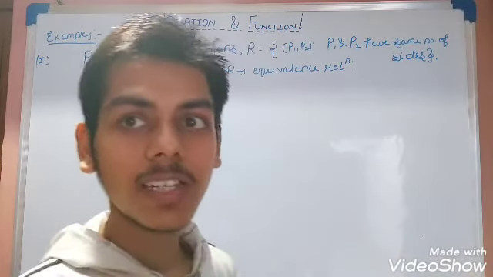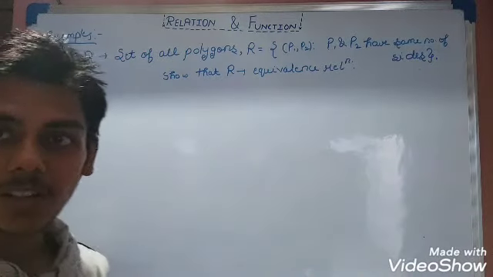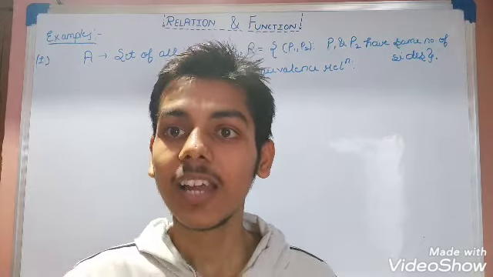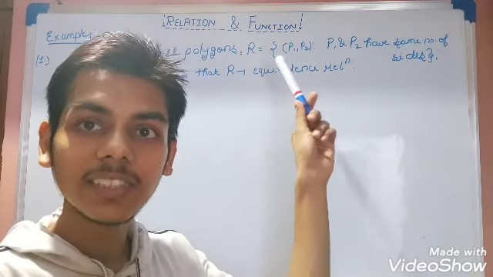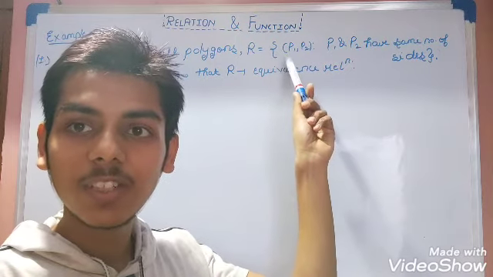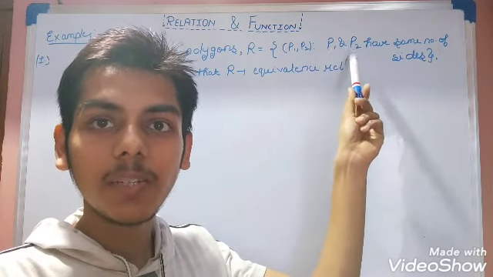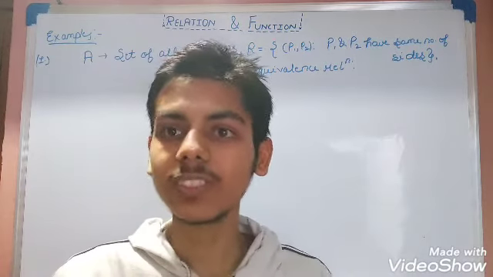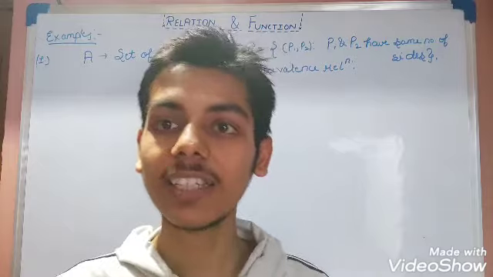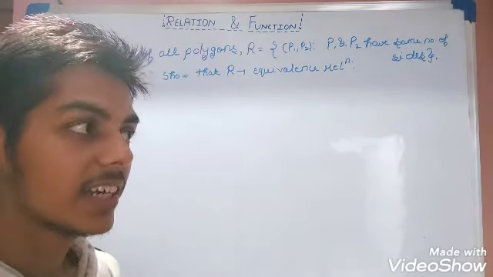We have example number 1, where A is a set of all polygons and R is a relation applied on set A such that the relation R is the set of all ordered pairs (P1, P2) such that P1 and P2 have the same number of sides. We have to show that this relation R is an equivalence relation. So let's start.